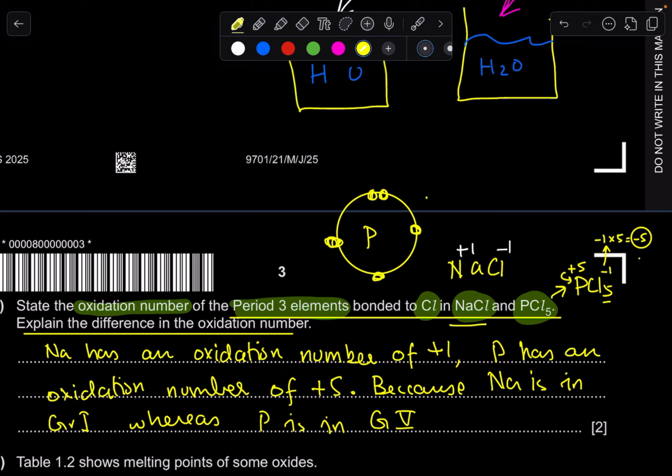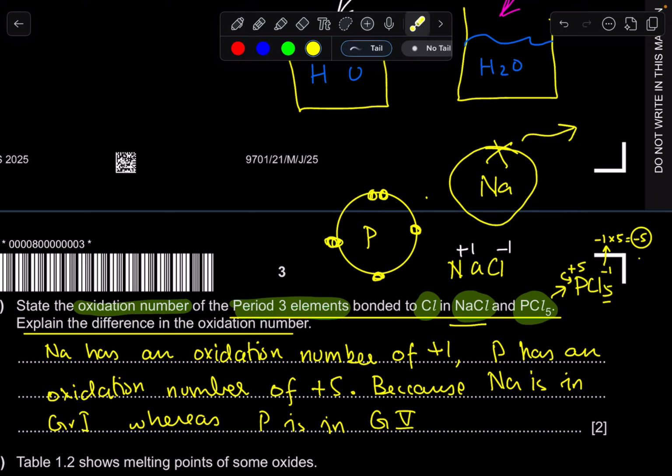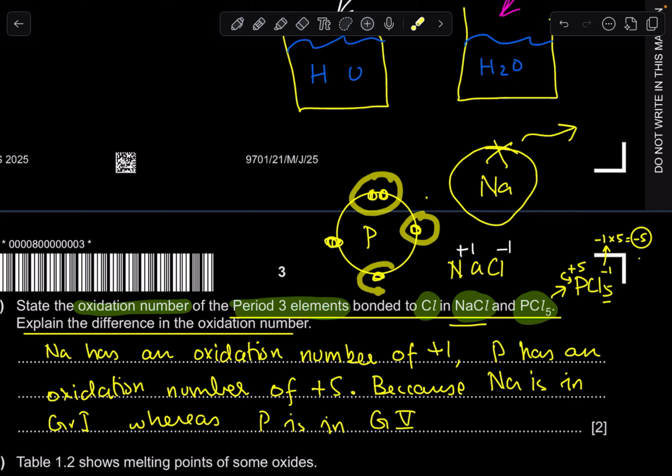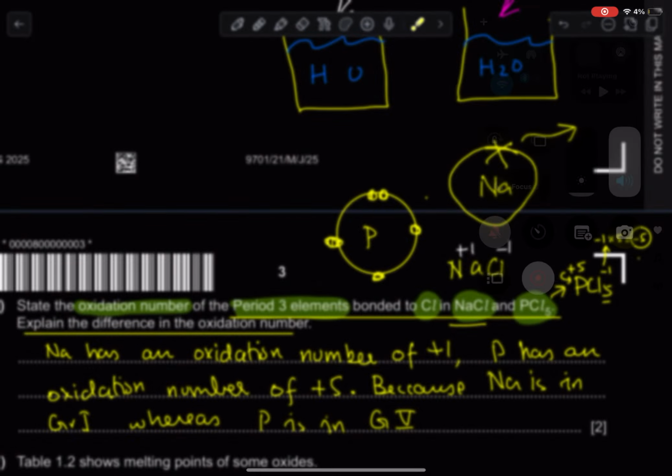So basically it can lose all 5 electrons. All 5 electrons can be lost by phosphorus. They can move out of phosphorus. Whereas a sodium atom only has 1 electron, so it can only lose 1 electron. Whereas phosphorus can donate all its 5 electrons to chlorine, but sodium cannot. I hope you get this.